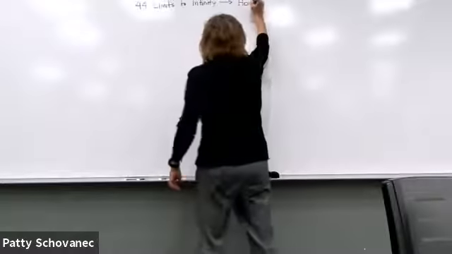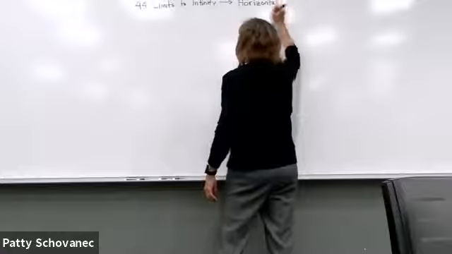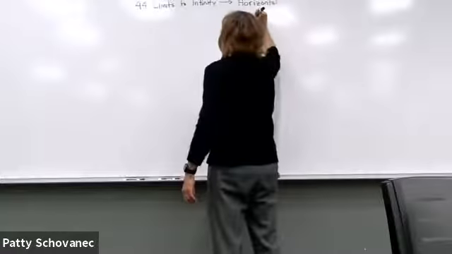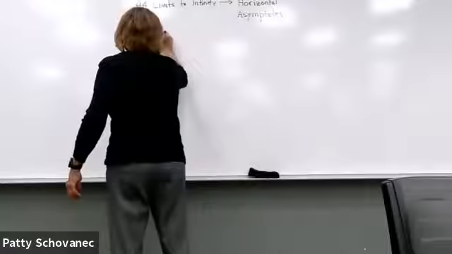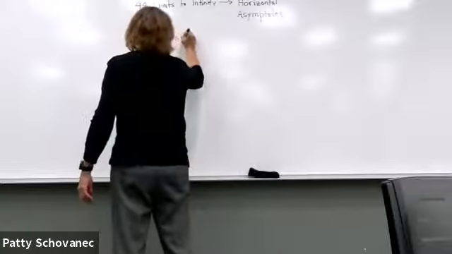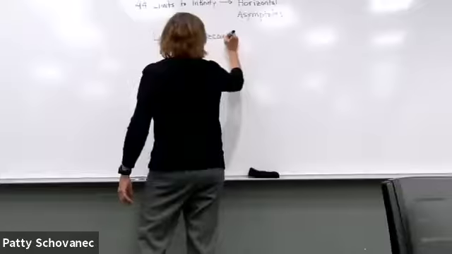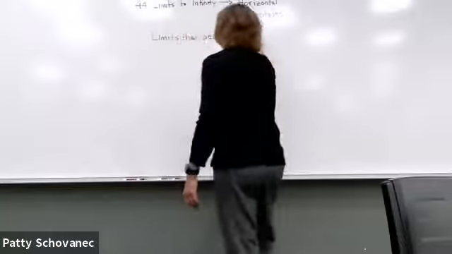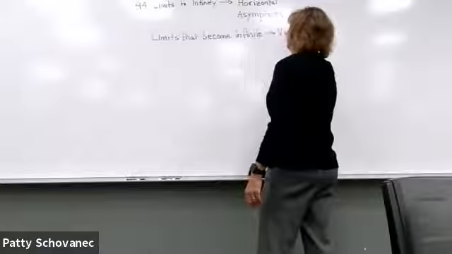Limits to infinity help us find horizontal asymptotes, and limits that become infinite help us describe what's going on near a vertical asymptote.